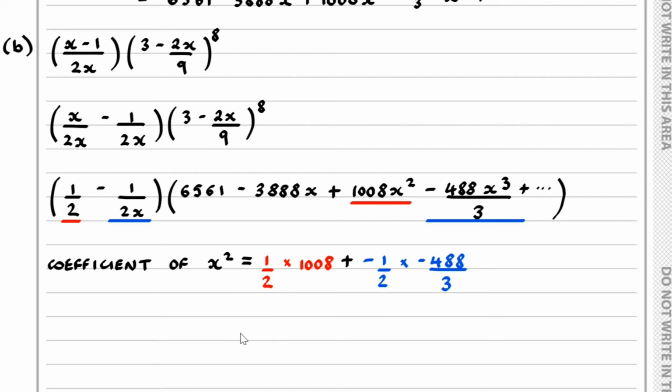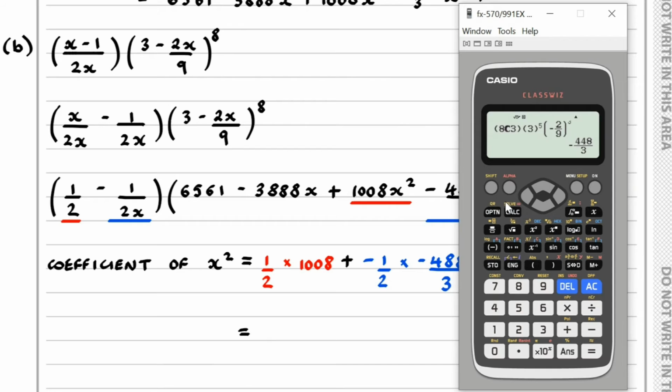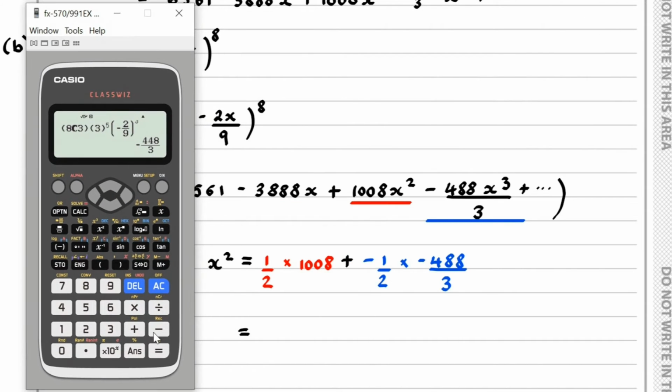And so if we work out what the coefficient of x squared is, we have 1/2 multiplied by 1008 plus 1/2 multiplied by 488 over 3. The negative and the negative here being multiplied by each other give the positive. And so the coefficient of x squared then is 1756 over 3.